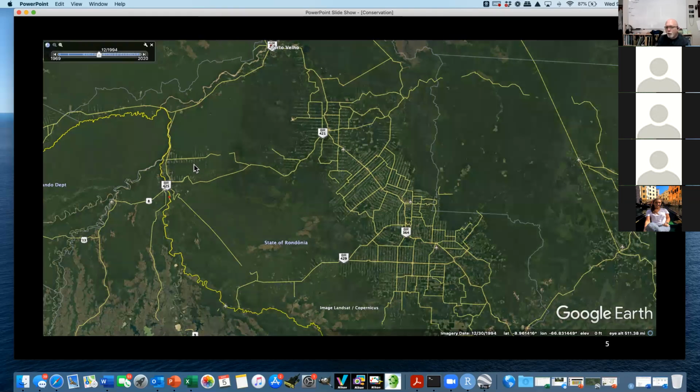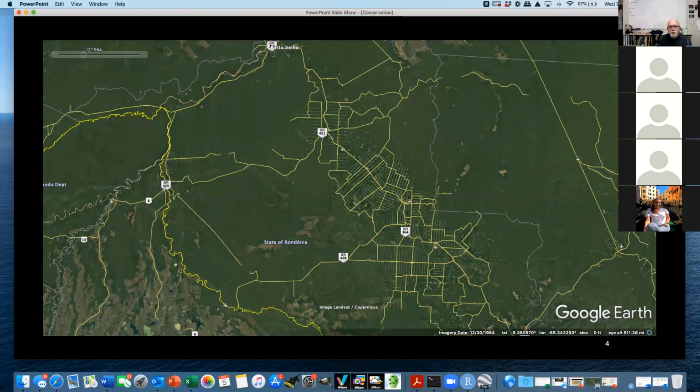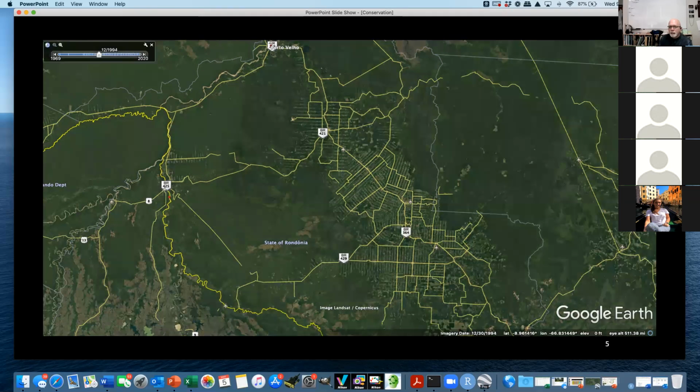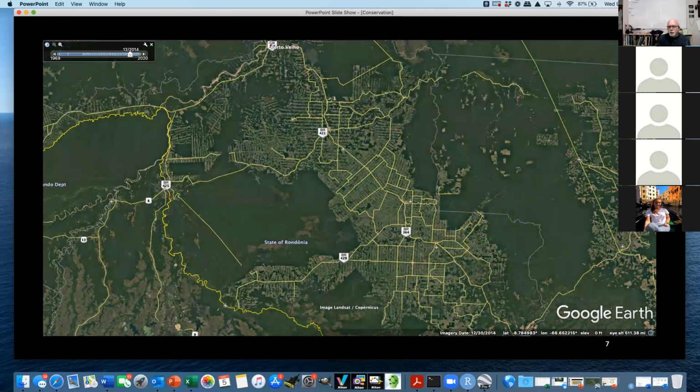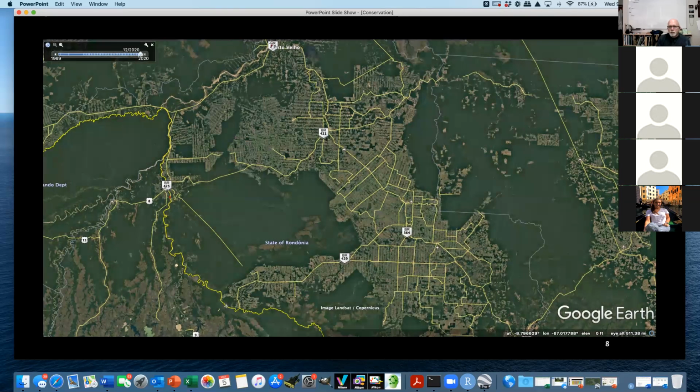So roads encroach upon habitat. They make habitat accessible to human beings. And so this was 1984, this is 1994, this is 2004, this is 2014, and this is 2020. And so you can basically see that because of the presence of this road network, human beings have gained access to a patch of forest that they have not had access to in the past.